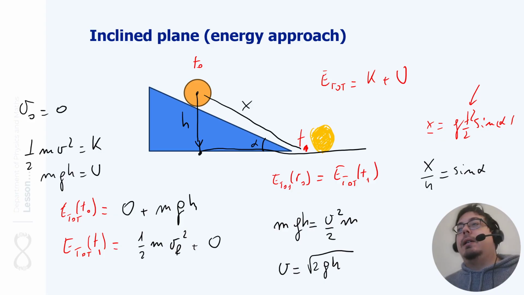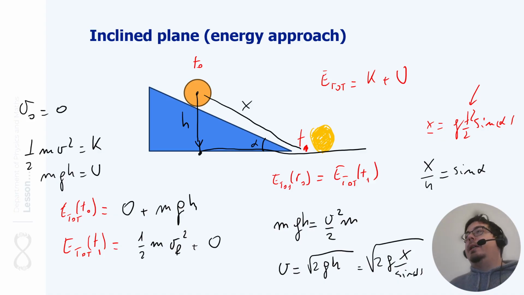So h is exactly x times sine of alpha, and this is what we can get from here. It is the same formula that we got before, but just for the velocity. So we can retrieve the velocity from the other formula as well.